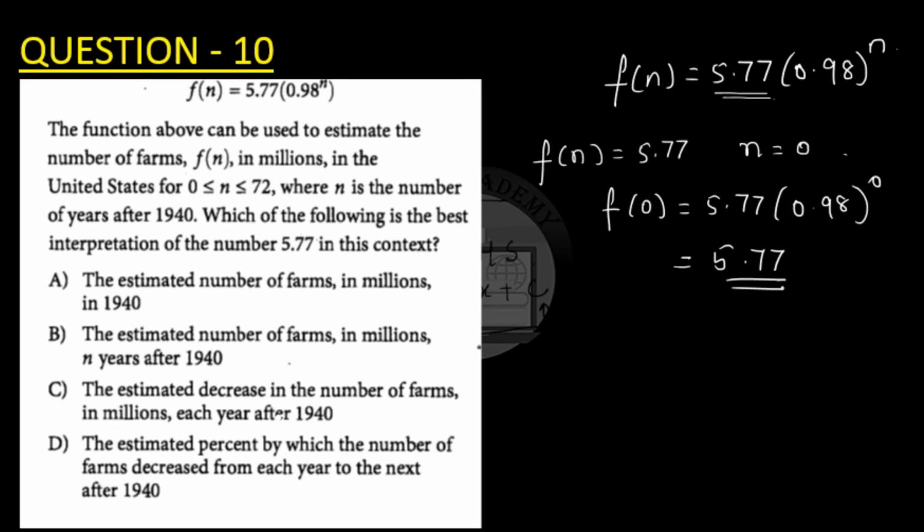Correct? So this is actually the initial value when n is 0 at the beginning in 1940. Correct? So the correct answer is the estimated number of farms in millions in 1940. In 1940, whatever we have is our initial value of the function when n is 0. So the correct choice is choice A.